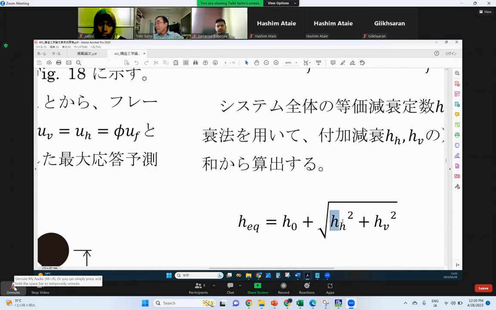This is the equivalent damping of the hysteresis damper, in our case the wall element, and this is the equivalent damping of the viscous damper.